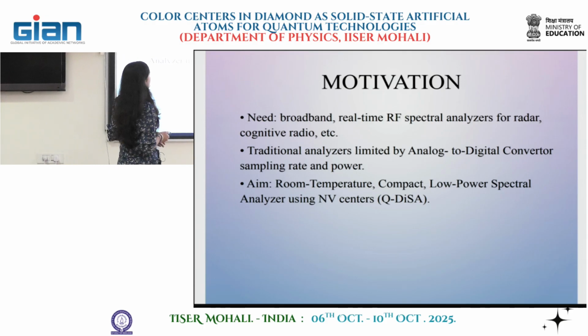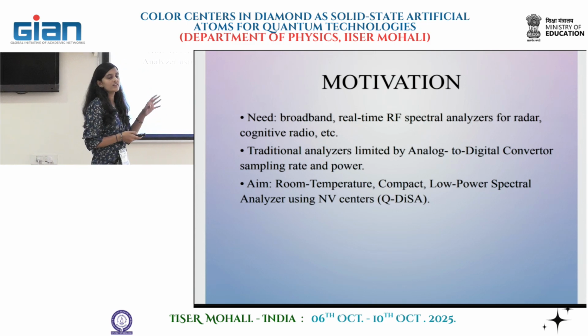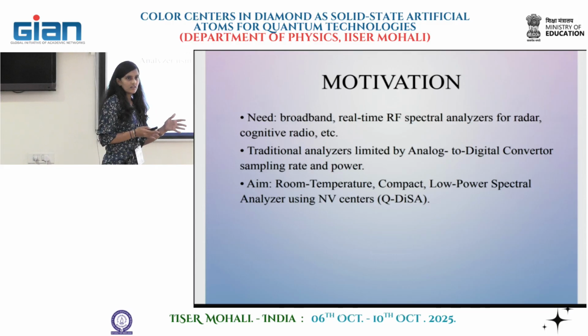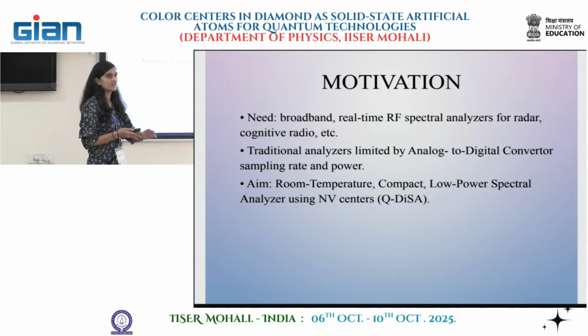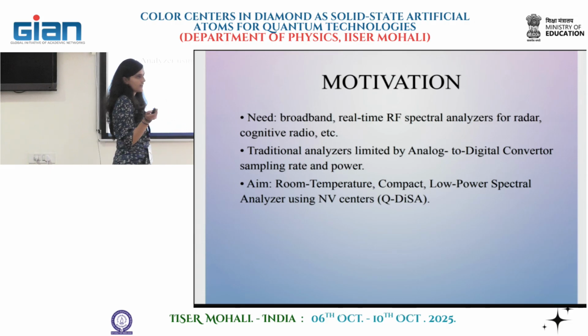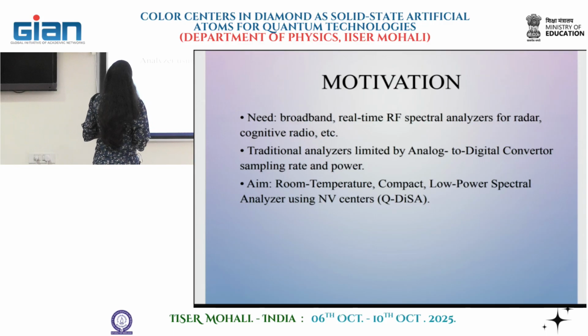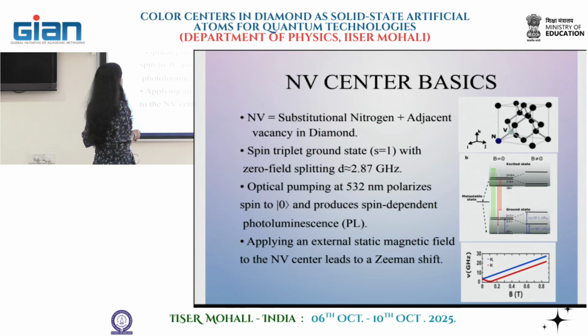Then we need to modify them, and as we work on this, it completely consumes all the microwave spectra by changing its magnetic field and diamond separation, which will be explained by Akhilesh. And our main aim is a spectral analyzer that works at room temperature, is compact in size and low power, using NV center.